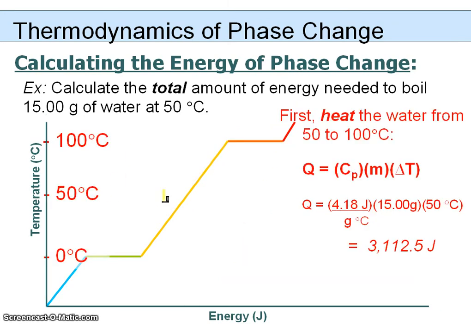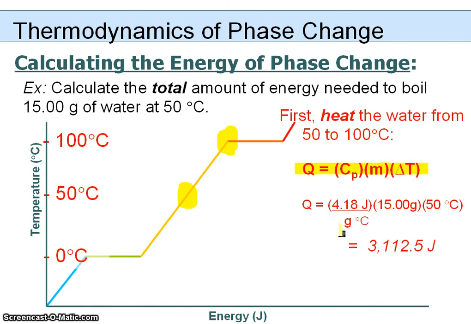So again, the first step that we need to calculate is how much energy is required to warm the water from 50 degrees to 100 degrees C. So again, you would look at your periodic table to remind you of what formulas are available. And we're going to choose the formula that involves specific heat because it allows us to plug in the change of temperature.